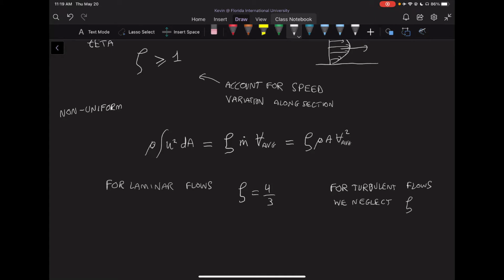And the reason we neglect zeta is because for turbulent flows, the value of zeta is extremely close to 1. It's usually just above 1. So the highest value that we can usually find is 1.037, which means there's about a 3.7% difference above 1. So we usually just neglect it.